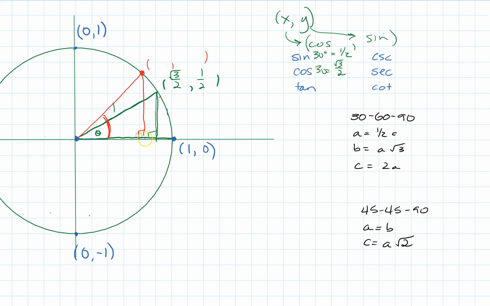I create the triangle with this x-axis, and I know that this is 45. And I know my radius is 1. Think about it. If the radius is 1, that's the c side. If 1 is equal to c, then 1 is equal to a root 2. Then a has to be 1 divided by root 2. But I can't leave it like that. I have to rationalize that denominator.